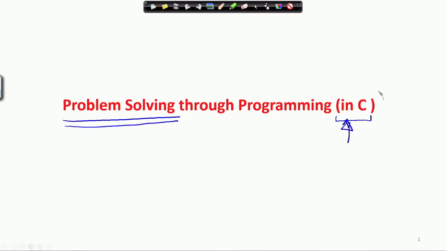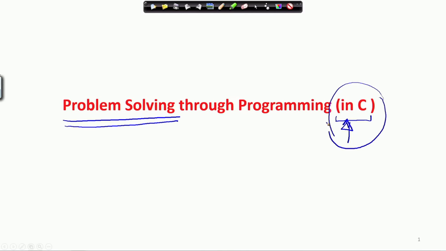Now, our objective is not to just think about the C programming language, but also some programming principles, some programming logic, some programming methods that are adopted while solving problems.